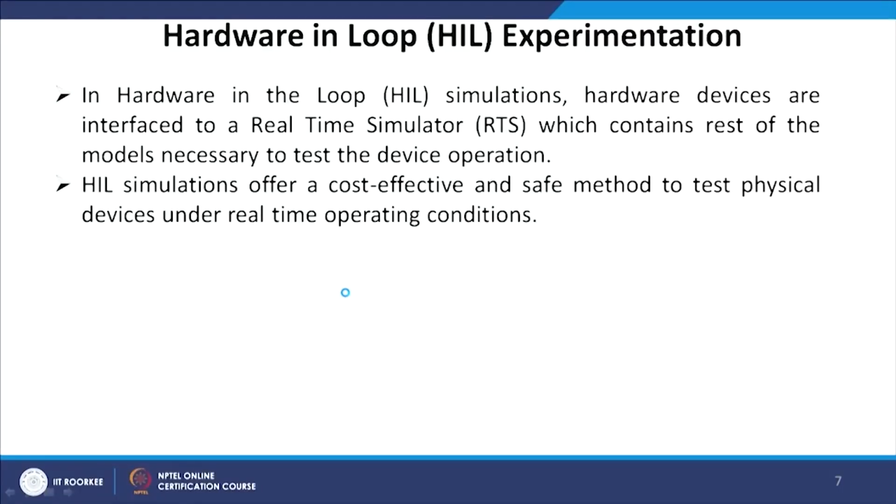In hardware in loop HIL simulation, hardware devices are interfaced in a real time simulator, that is RTS, which contains the rest of the model necessary to test the device operation. So, through HIL we basically connect the hardware devices to your simulator, and most of the components are available within the simulator and a few hardware devices are interfaced with your simulator.